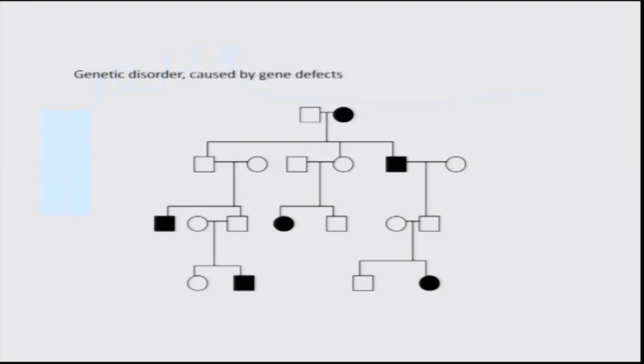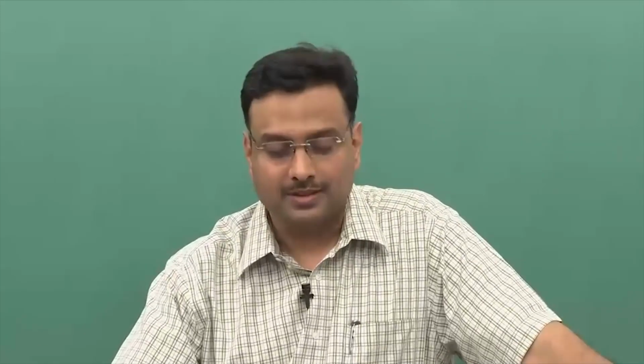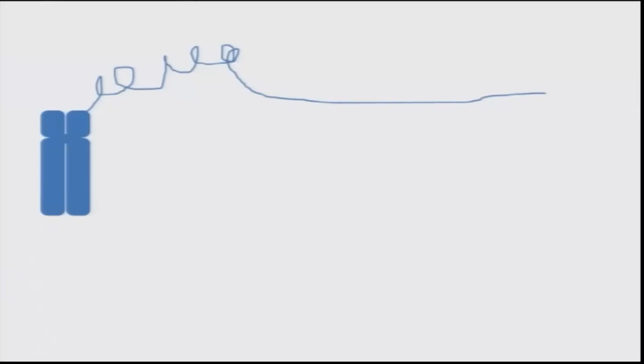When you talk about a gene defect, genes are nothing but small segments of DNA that are present in our chromosomes. The cartoon shown here represents a chromosome, and you have a long stretch of DNA that comes out, and different segments may have different genes, like for example the one shown here, where the arrow indicates the orientation of the gene.